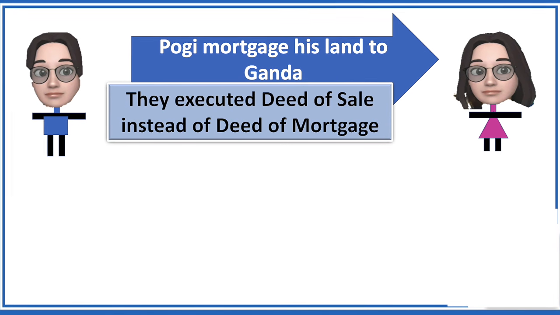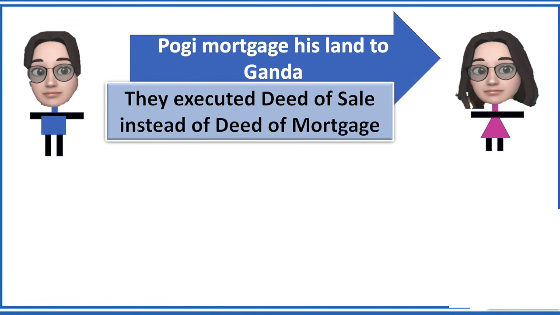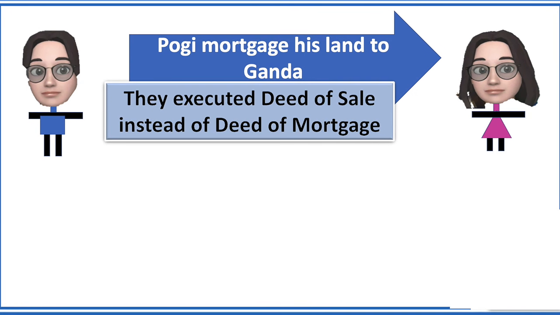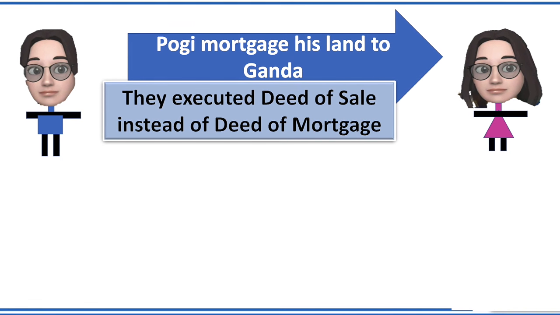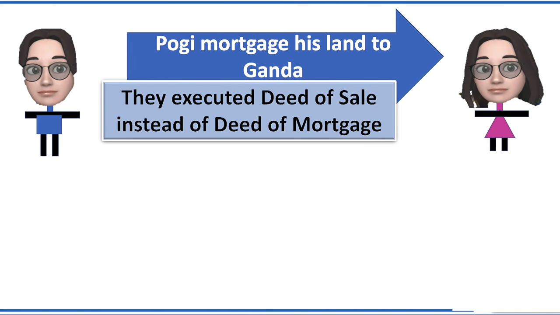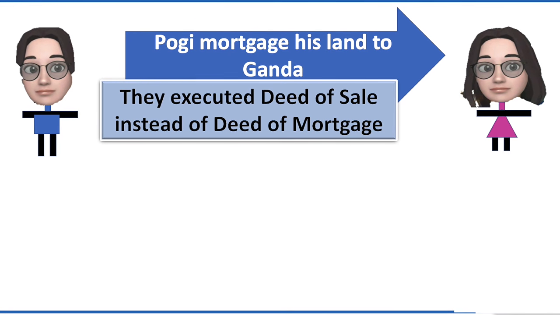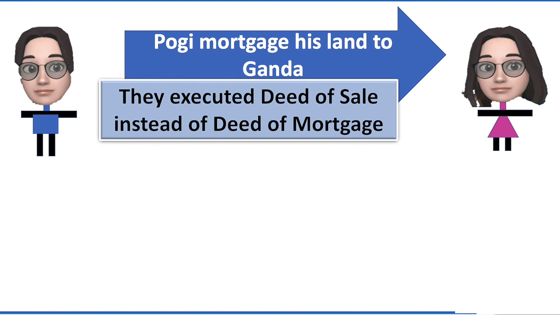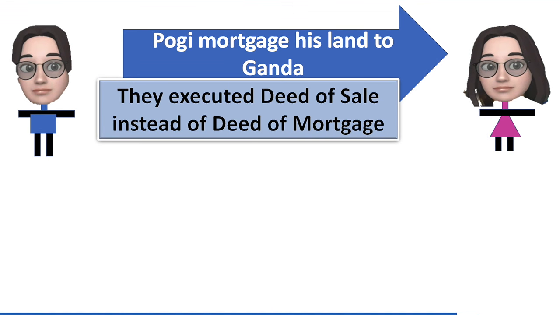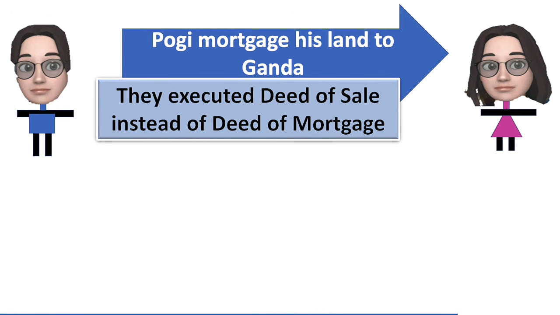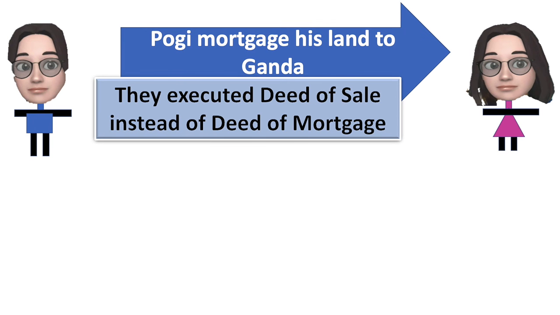Kung hindi, deed of absolute sale. So, eto, relative simulation. Kasi yung intention was mortgage, pero yung sa document nila ay deed of absolute sale. So, two acts involved: yung sa labas, apparently, contract of sale, pero yung concealed or hidden, contract of mortgage.